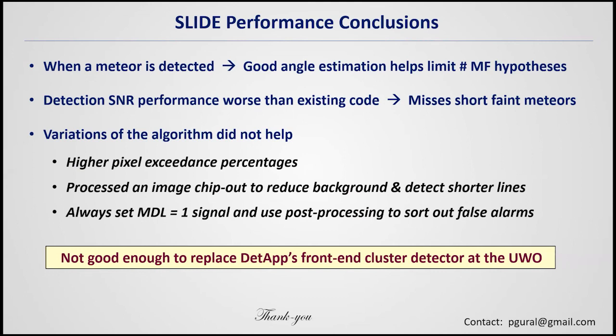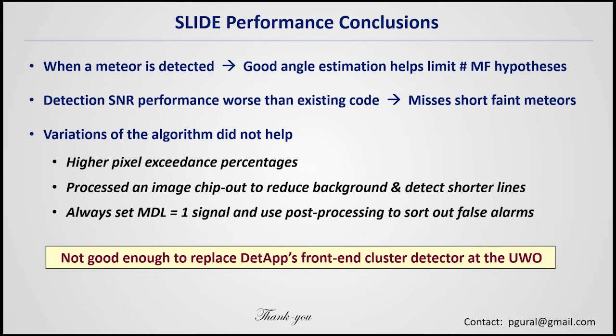It tends to miss a lot of short, faint meteors because the algorithm, although not described in the paper, does seem to require that a line span across the entire focal plane and not only a subset of it.